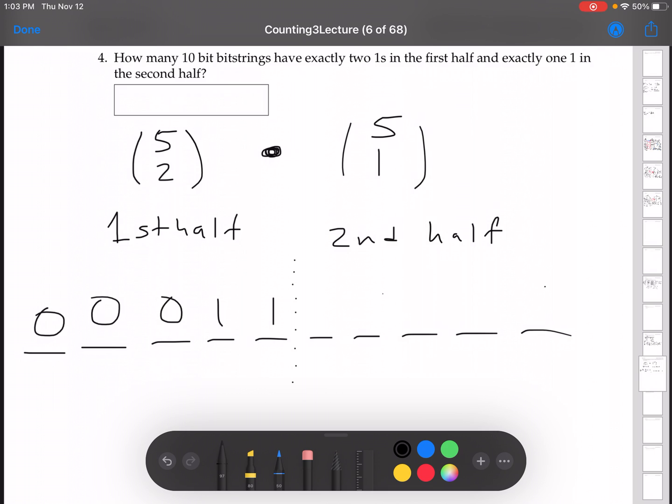All right, and so we're using the product rule for counting here to multiply these two n choose r computations.